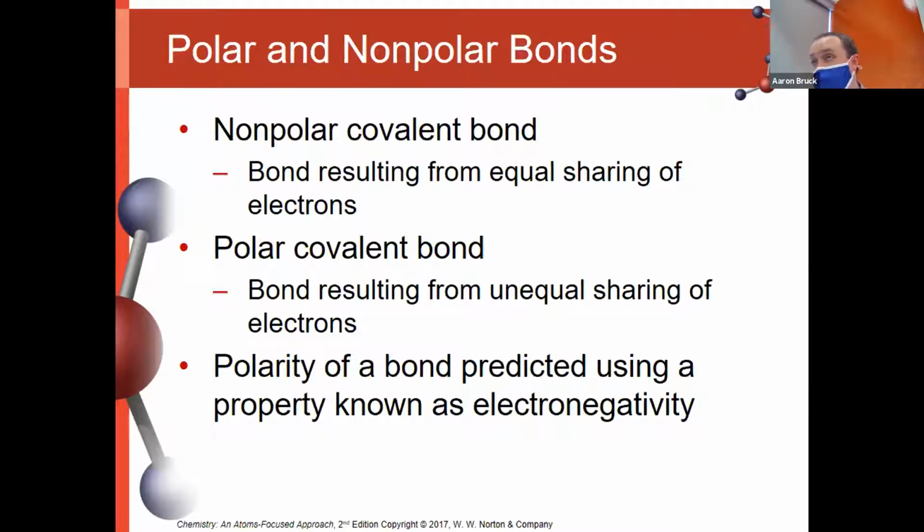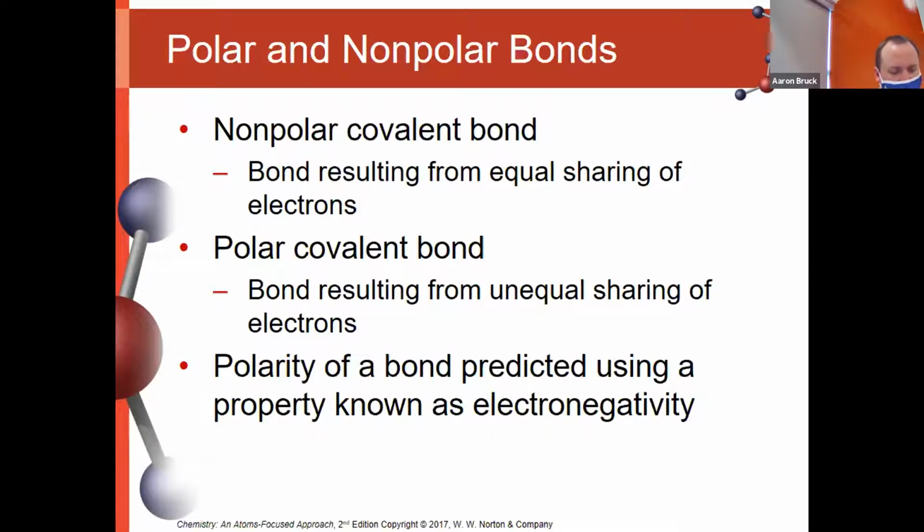Nonpolar bonds, truly nonpolar bonds, are relatively rare. Because especially if we have any kind of heteronuclear bond, where we've got different elements on each side, chances are pretty good that there's not going to be an even sharing of those electrons. And when we have uneven sharing, that is the basis of a polar bond.